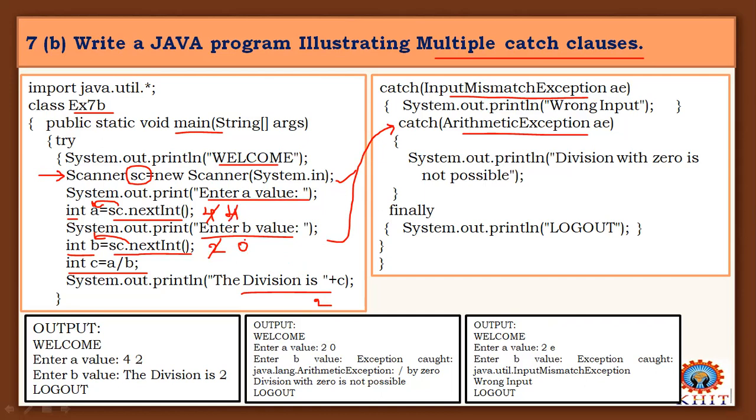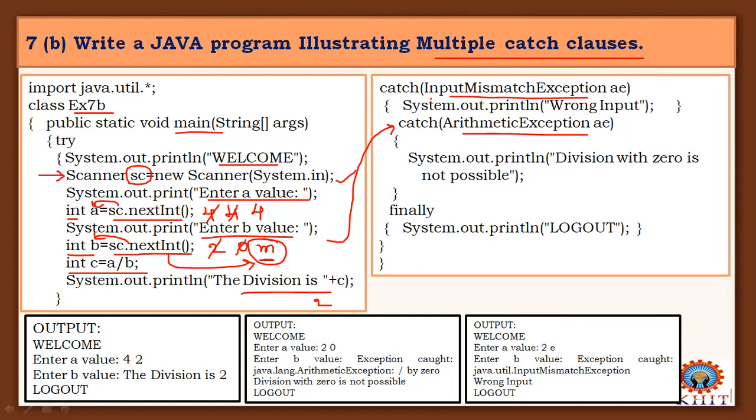Another case of input: for example, a value 4, but I am giving the second value as not an integer but a character. Is it possible to perform here? That input is a mismatch. We are expecting an integer, but we are given a character. The keyboard accepts any value, but it does not match the expected input.